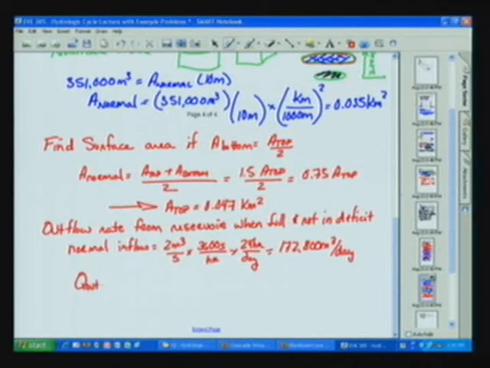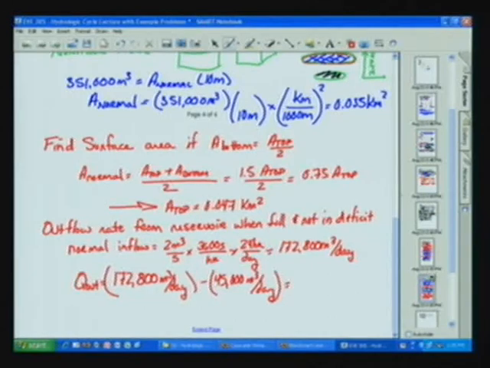Q out is going to be that inflow minus the community demand, and that will be with some conversions.